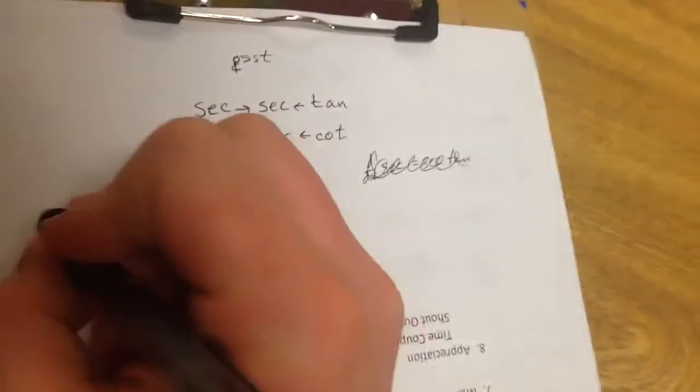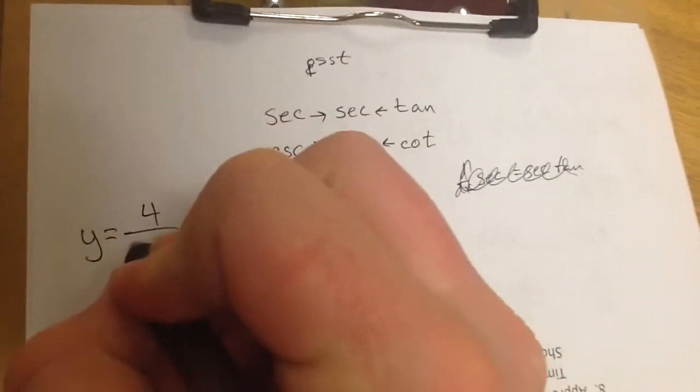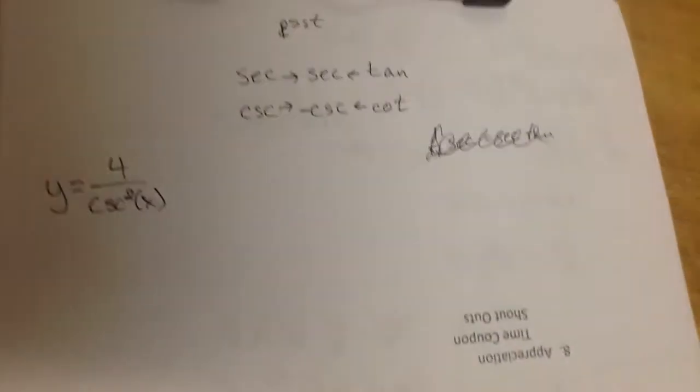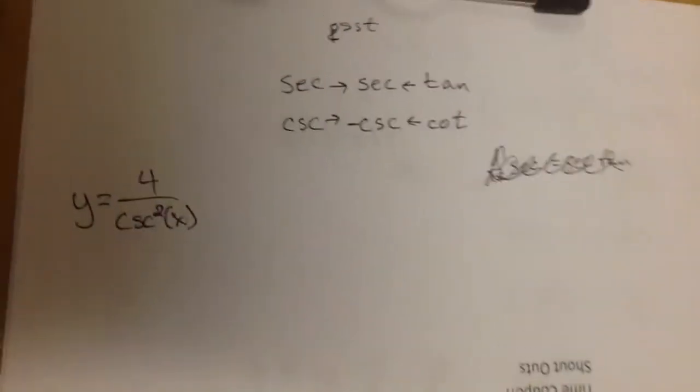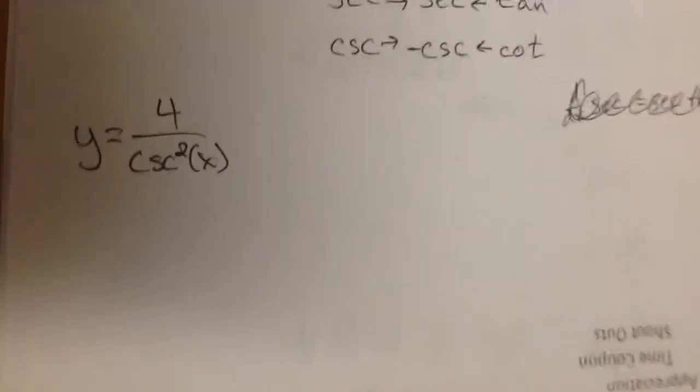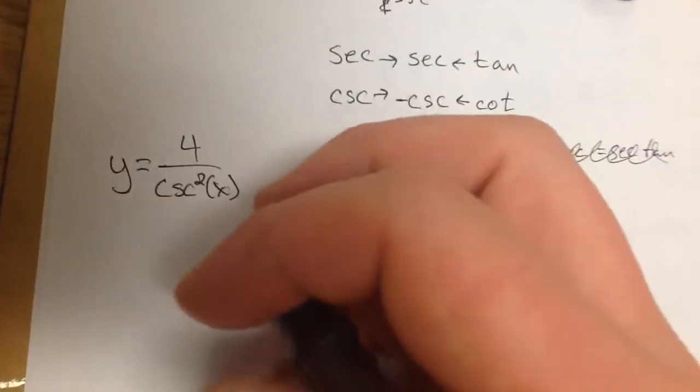So I'm going to do one more problem that's quiz-like. 4 divided by the cosecant squared of x. Another good one to pause and try on your own. If you've already unpaused it after like 3 seconds because you have no idea where to start, here's a helpful hint.